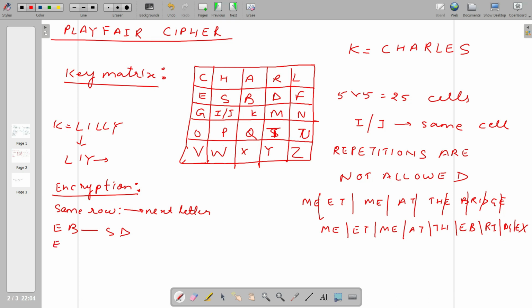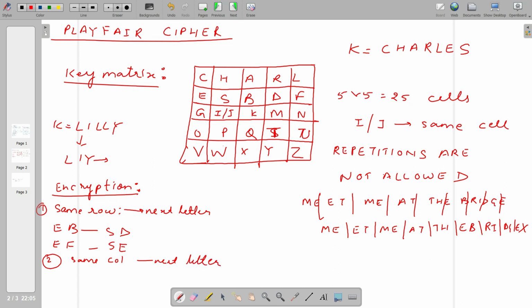For example, E and F. So E will be replaced with S and F will be replaced with E. It's like a circular operation. This is the first rule. Second, if they are in the same column, then also we are going to replace them with the next letter.